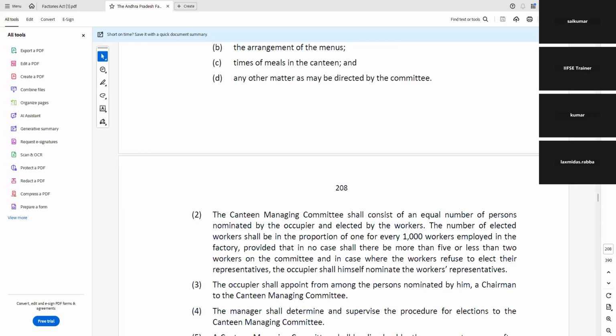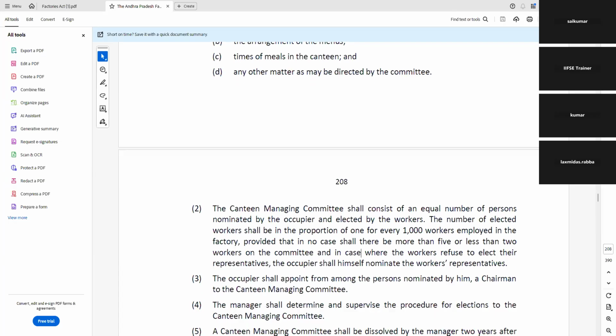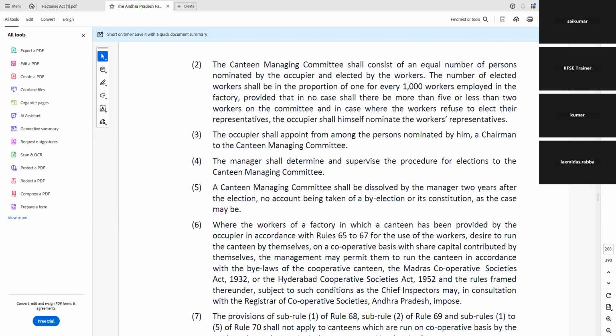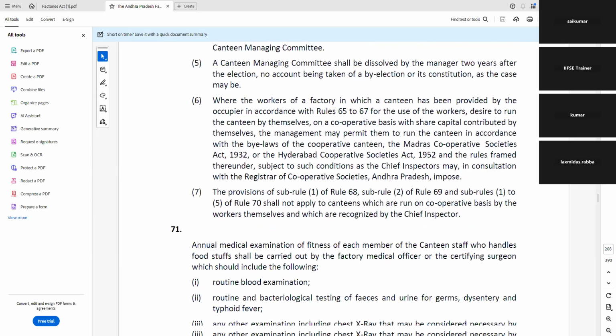So here, for the formation of this committee, for 1,000 workers, you have to take one member. It should not be more than five, and it should not be less than two. In between two to five, you can have the workers' representatives.